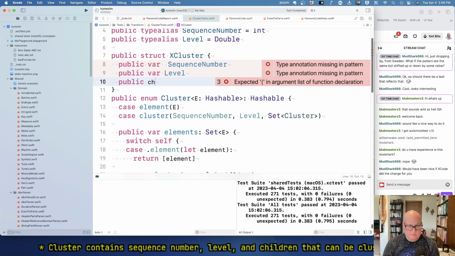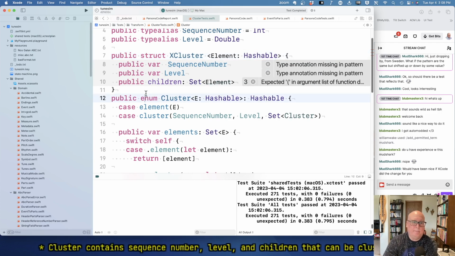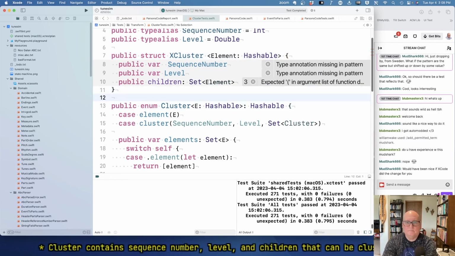Let's say children of a set of element. I think there's something to recommend that.